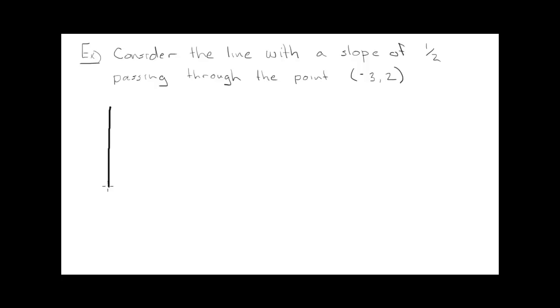what we know about vectors. Okay, so we want to consider this line with the slope of a half passing through the point (-3, 2). If you're doing this in the other form, slope point form would be the best to use here, y equals m(x minus a) plus b, then the point (a, b), so a is equal to -3, b is equal to 2, and m is equal to half.